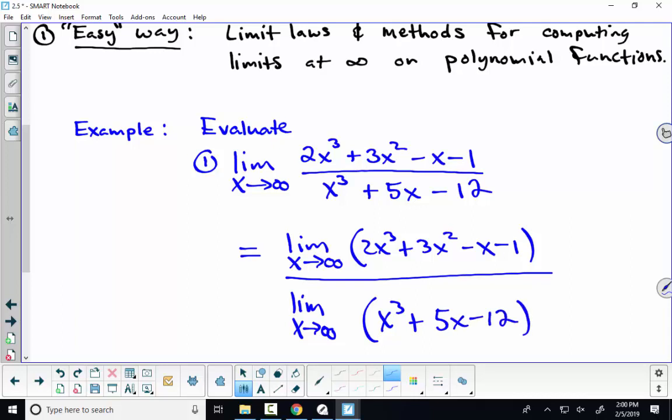We don't have to work all of these out this way. I'm just trying to justify these limits in a way that we've seen before.